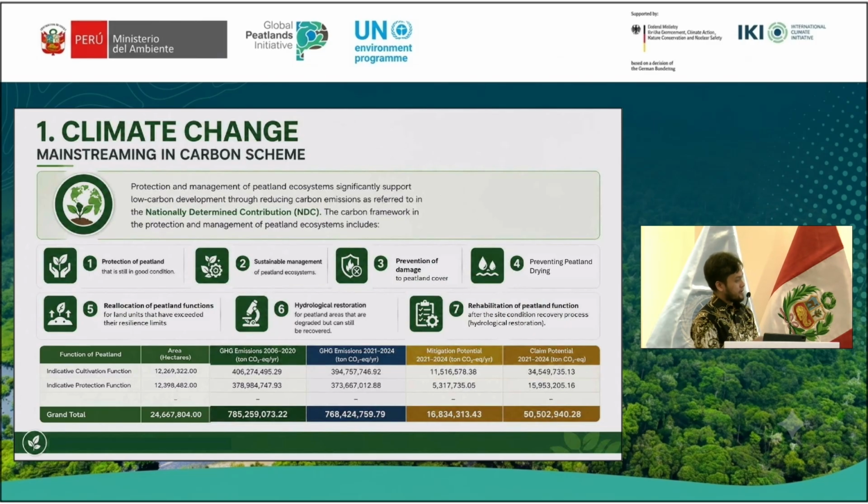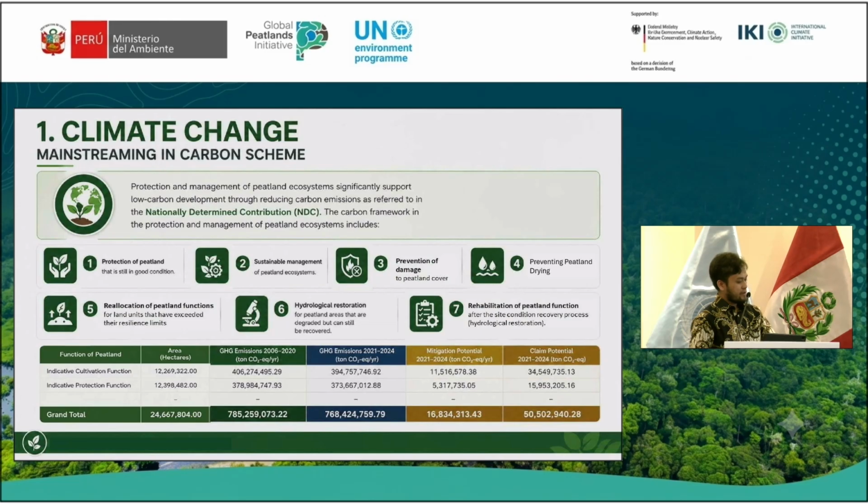And for the degraded peatland, of course, restoration measures are implemented, and this includes reallocation of peatland functions, hydrological restoration, and rehabilitation of peatland function. So, what are the results of Indonesia's mitigation action from 2021 to 2024?